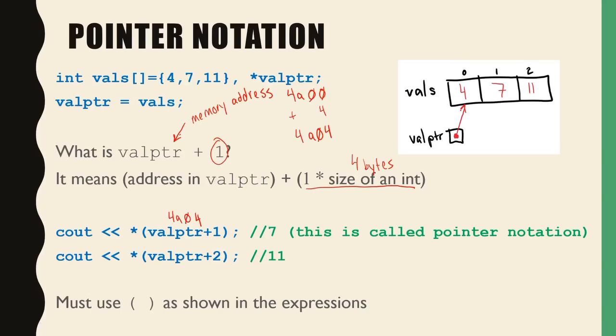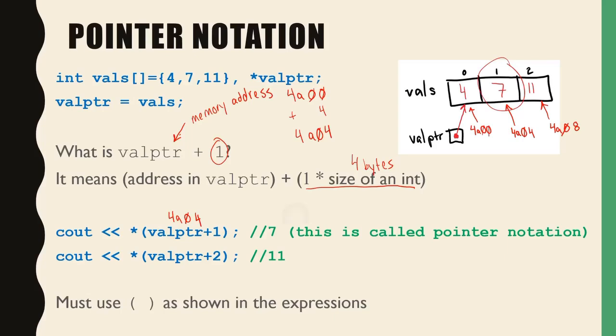And this is assuming that this first element is 4A00, this one is 4A04, and this one is 4A08. So val pointer plus 1 is 4A04. In other words, it holds the memory address of the second element.